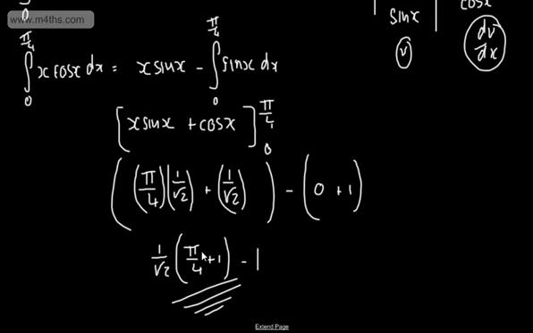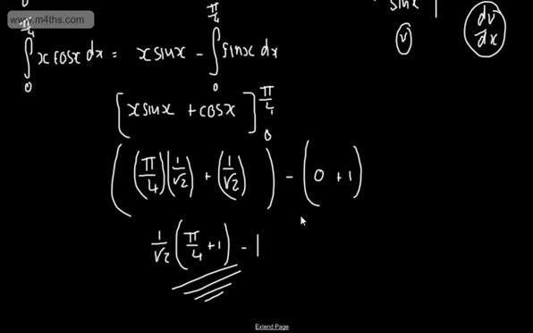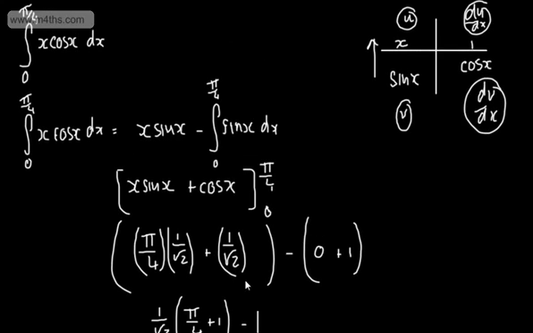Remember, exact values are given in terms of pi and in terms of thirds. So all I've done is evaluate. I've put pi by 4 through, so pi by 4 times 1 over root 2 plus 1 over root 2, minus now put 0 through, cosine of 0 is 1, and then simply subtracted that away. So that would be one way it could be written. I'll let you tidy it up. But essentially that is evaluating a definite integral using integration by parts.